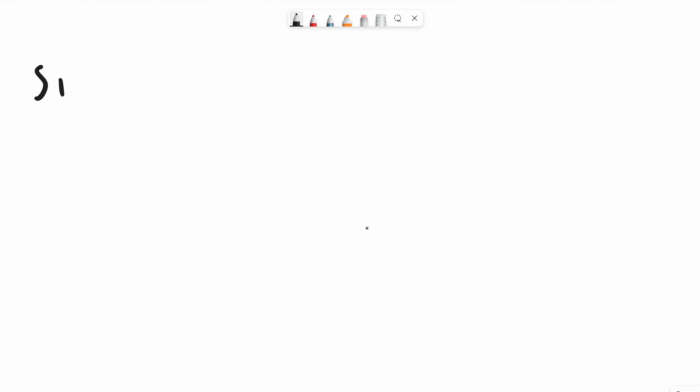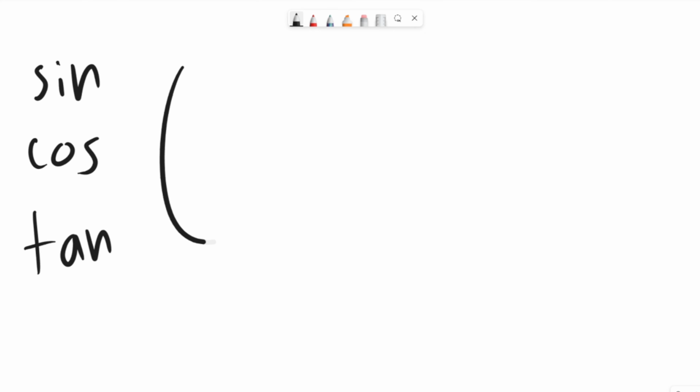Now this piece is an extra, but if you want to get ahead, there is sine, cosine, tangent, but there's also three other functions. Now, the co in cosine means complementary, so it's a complementary sine.